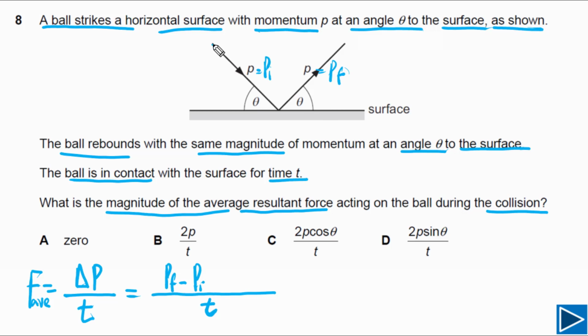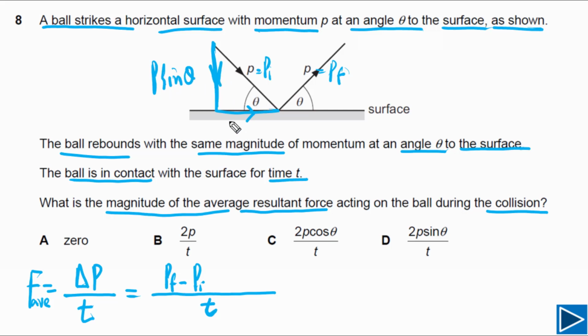First of all, we will answer this question by resolving vectors into their components. Let's resolve the initial momentum into its components. You can resolve it like this. This vertical component is simply equal to P sine theta, because it is opposite to the angle.